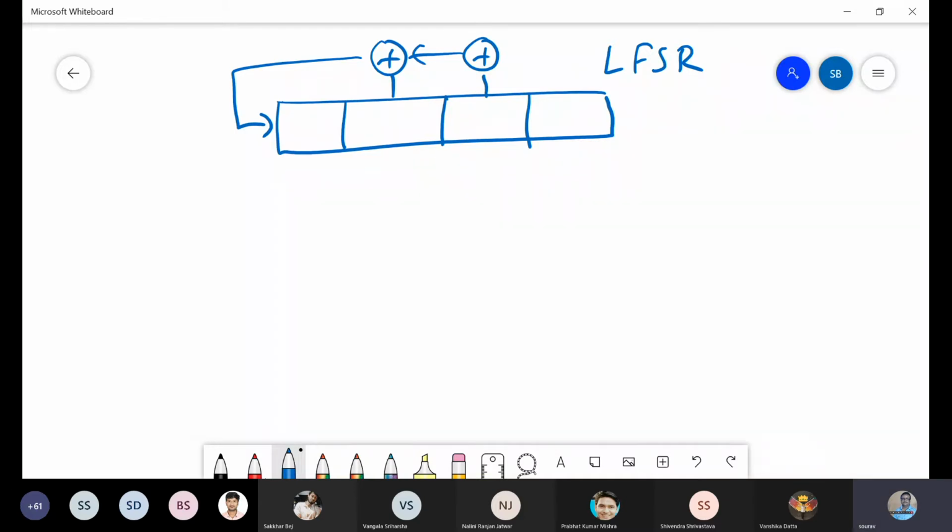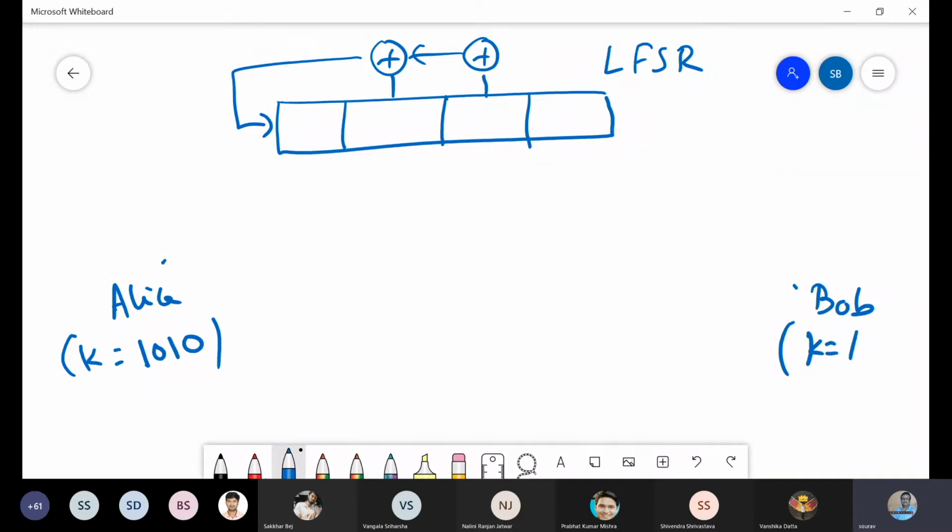Any idea? They have a common key. Say K is 4 bits, say 1 0 1 0. So Bob is also having this key. Tell me how we can get the key stream. Now Alice has the message, which is 0 1 bits.